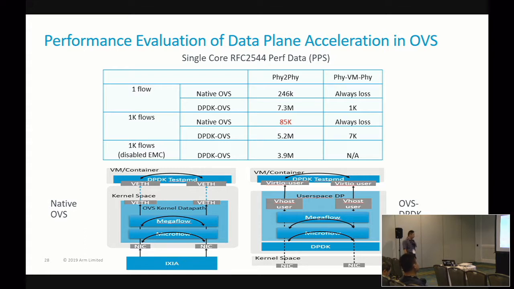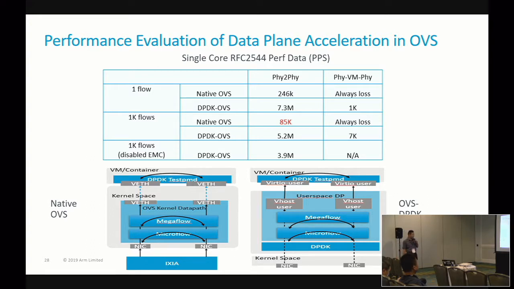For the performance evaluation of data plane acceleration in Open vSwitch, we can see that for 1,000 flows, for physical to physical packet switching, the performance gain is much higher.